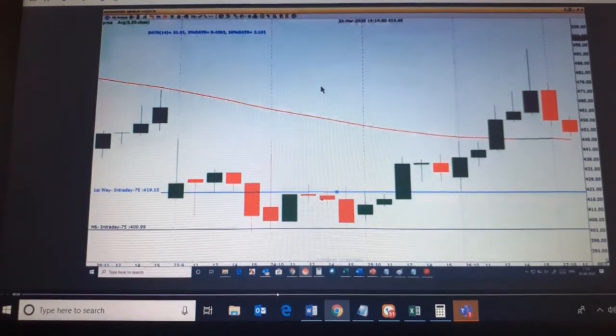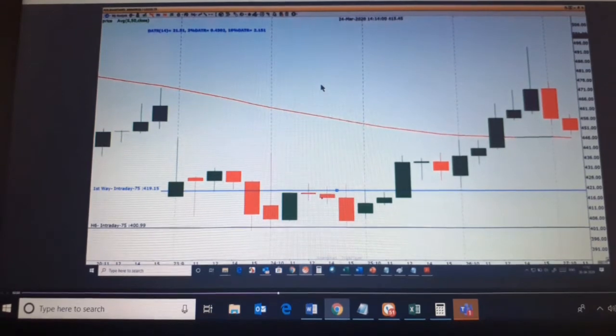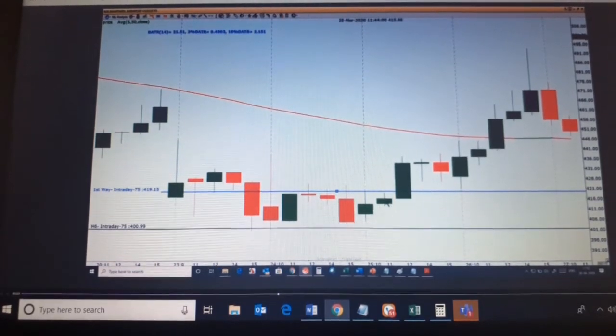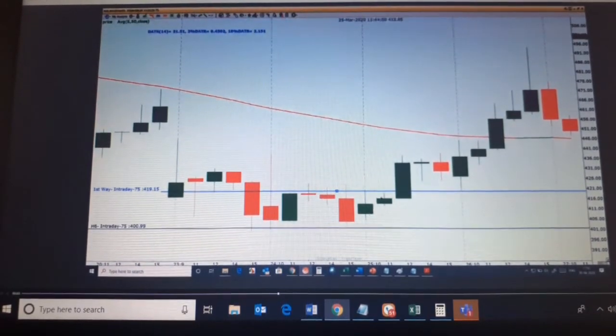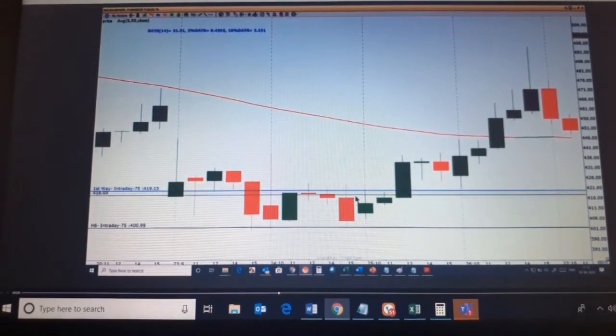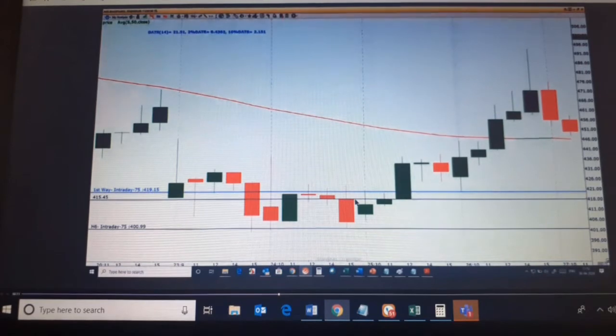Your second method says that your proximal line will be at the highest candle body in the base. So this is your highest candle body in the base. So here, with the help of the second way, you can draw your proximal line over here.